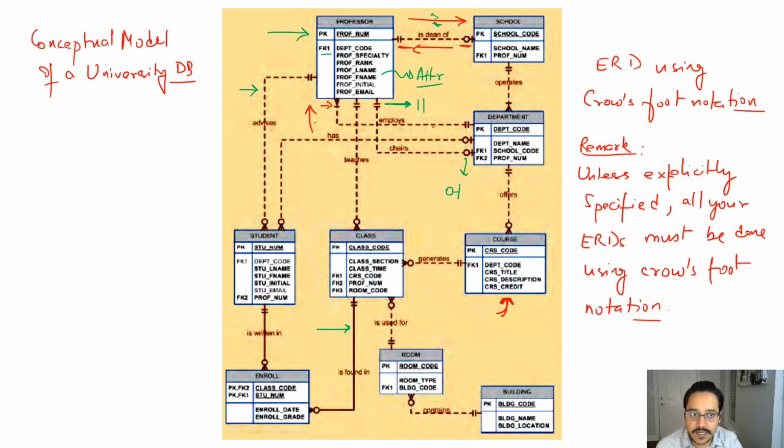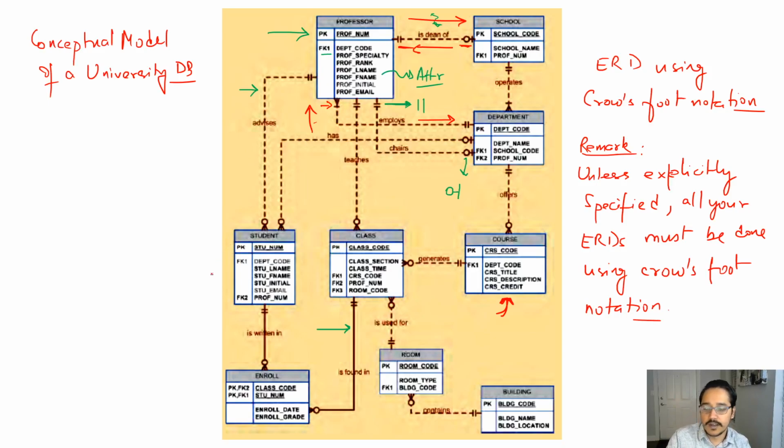And then in the bidirectionality, the professor must be employed by a department. Otherwise, they are not a professor. They will be a staff. Okay, they must belong to one department. So in the opposite direction, you also have mandatory relationship participation. Okay, so that is what the relationship participation indicates.